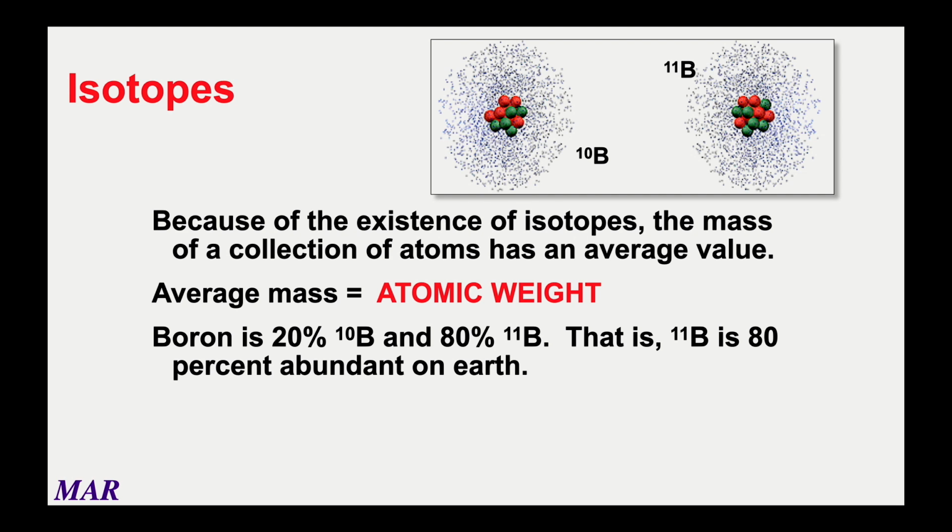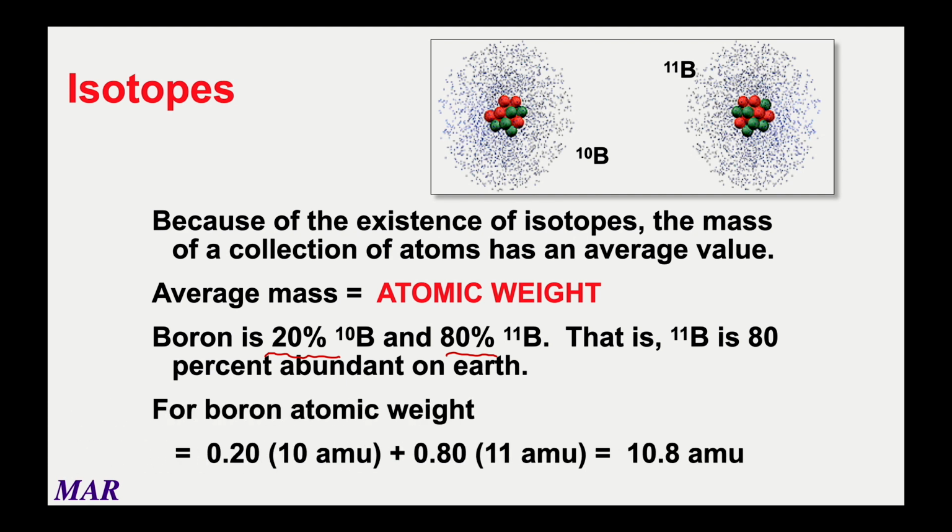Now, when people have studied boron on the Earth, they find that about 20% is boron-10 and about 80% is boron-11. So it would be nice to know what the average mass of boron is. What's really interesting is that if you've done things with statistics before, you can do this. So boron-10 is about 10 AMU, and boron-11 is about 11 AMU. And when you're doing these kinds of averages, you take the decimal version, so 20% becomes 0.20, or you divide by 100. 80% becomes 0.80.